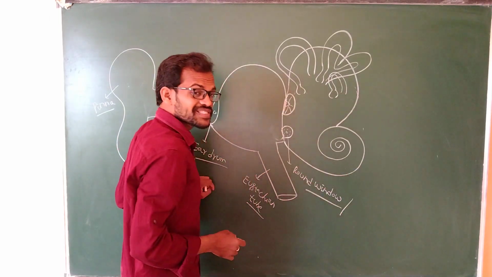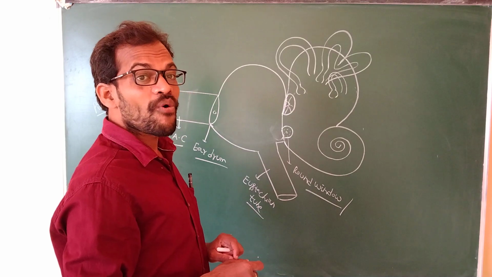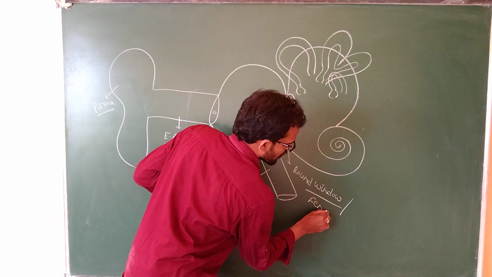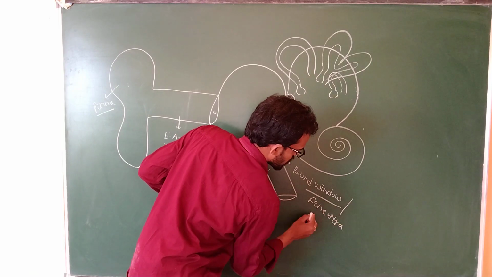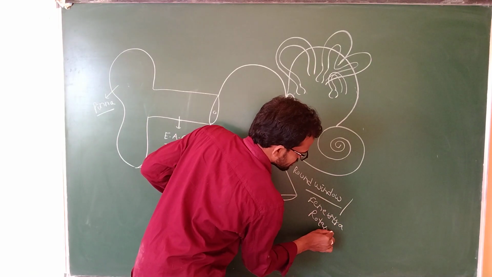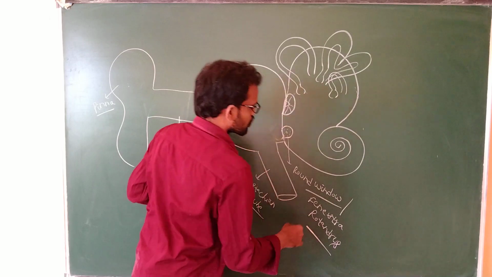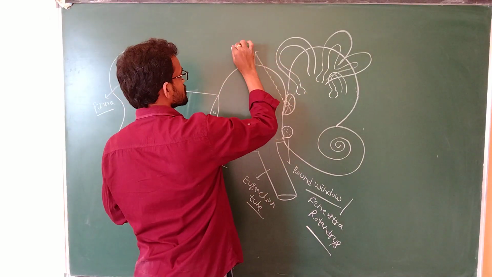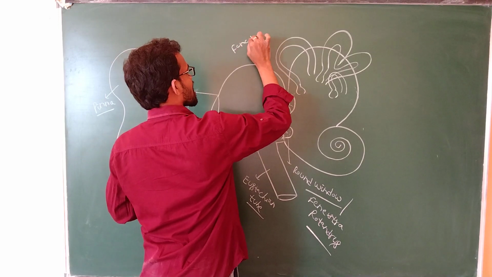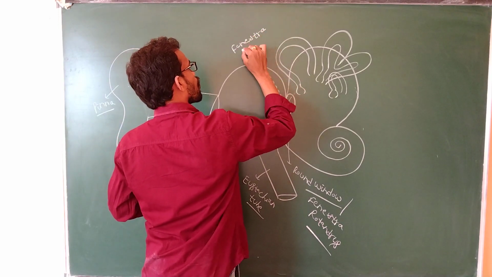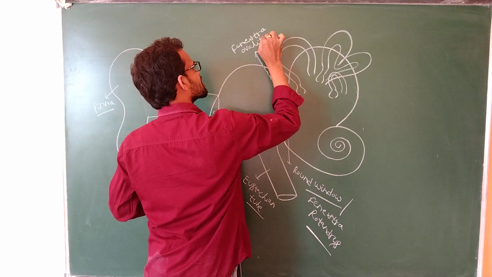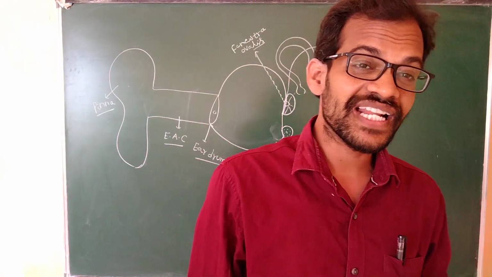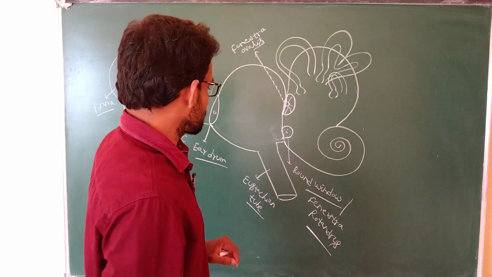The round window is also known as fenestra rotundus. This window indicates the fenestra ovalis. The oval window is also the fenestra ovalis.